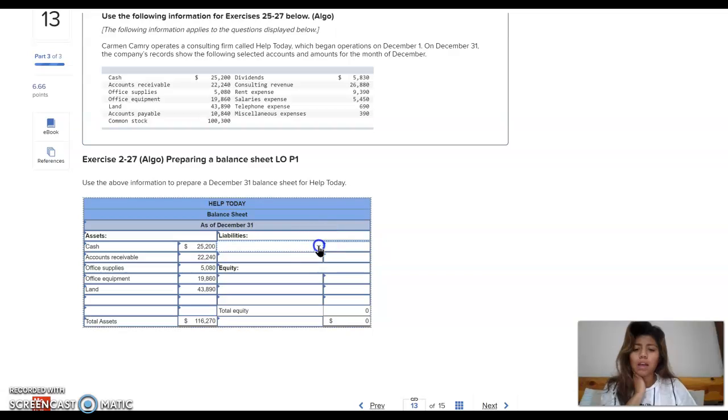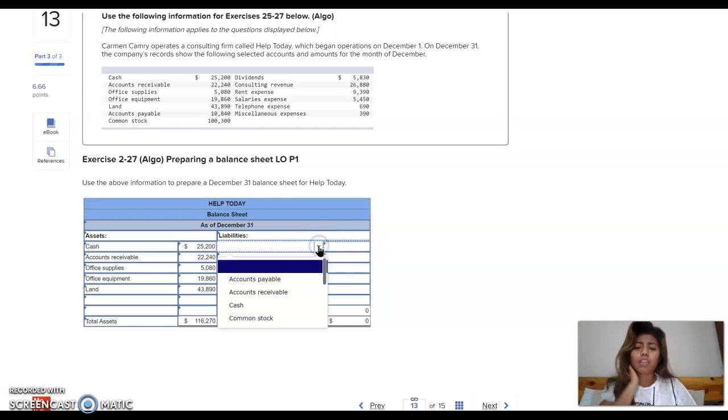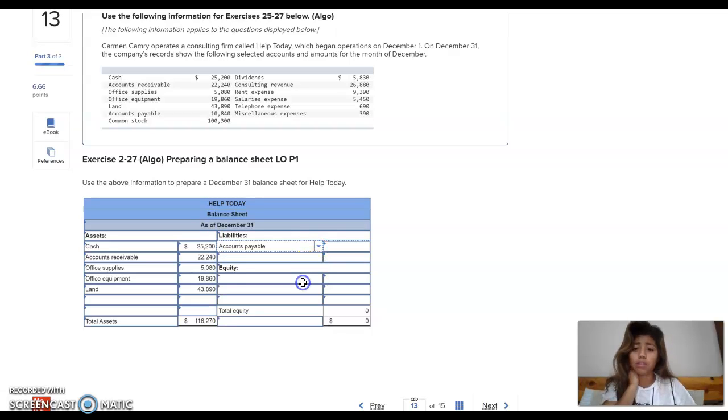That's what you put. Liabilities are things that the company owes, so like accounts payable. Right here, there's no other liabilities. So accounts payable will be the only one, and it is 10,840. You can see we're getting everything off this little chart right here that is given to us.